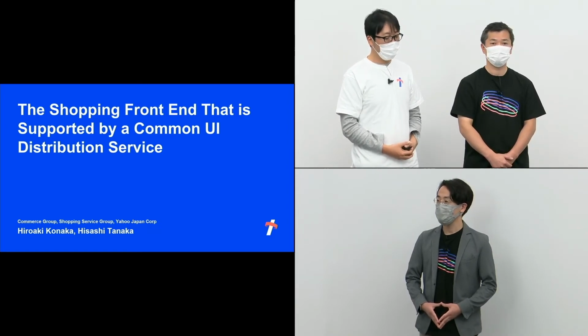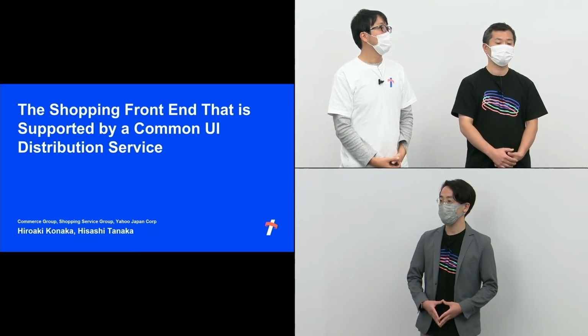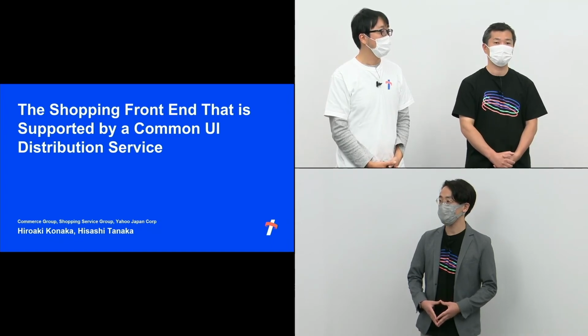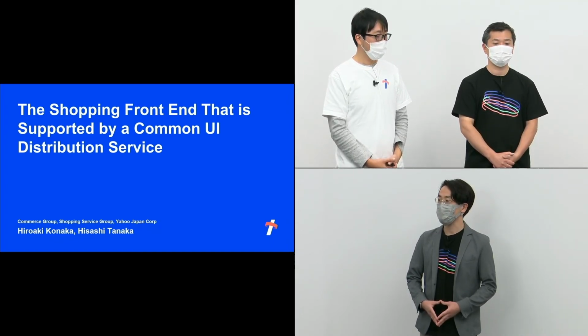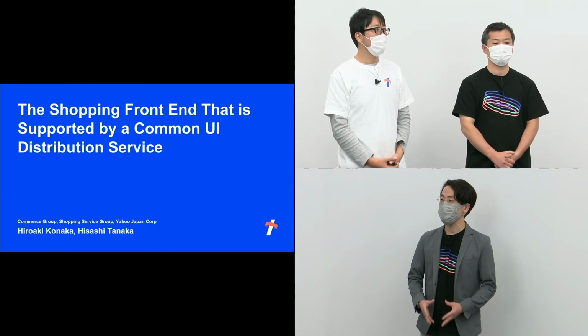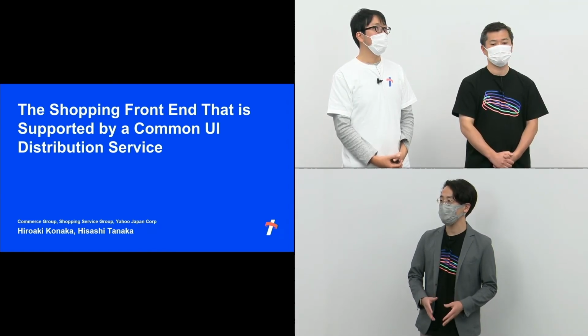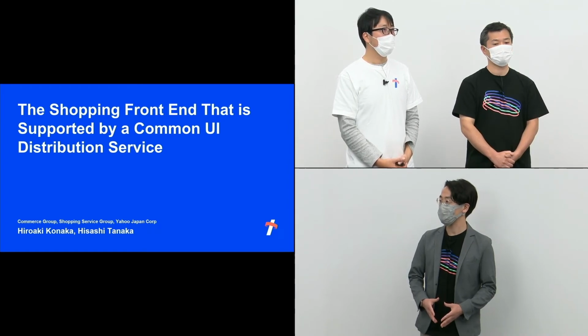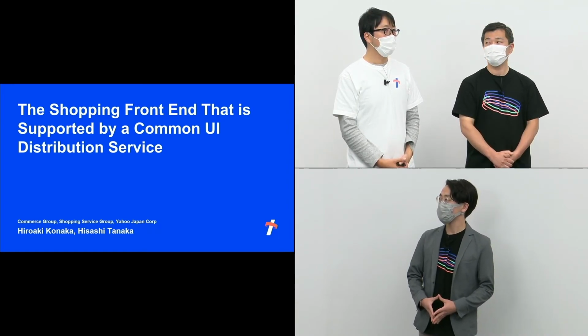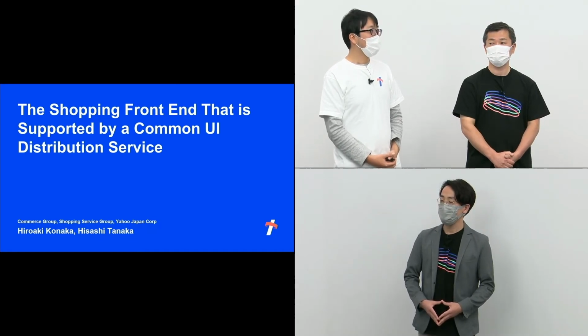Next, I'd like to ask you about CSS. Common CSS is on the distribution. So on the site, you have common style and common UI style. That includes both styles. Yes.